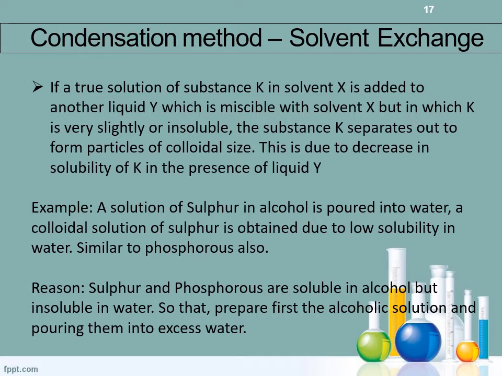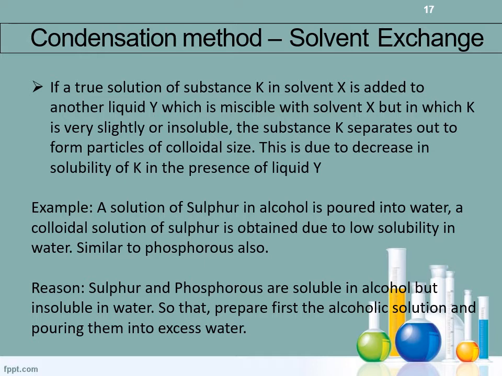This is due to decrease in solubility of K in the presence of liquid Y. One example of solvent exchange: a solution of sulfur in alcohol is poured into water. A colloidal solution of sulfur is obtained due to lower solubility in water.